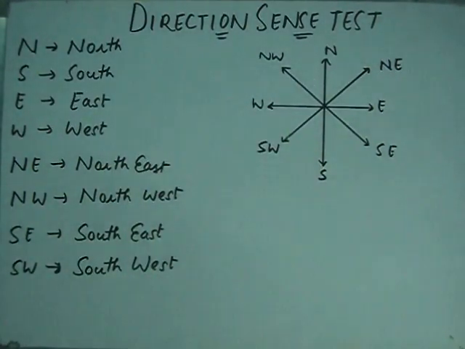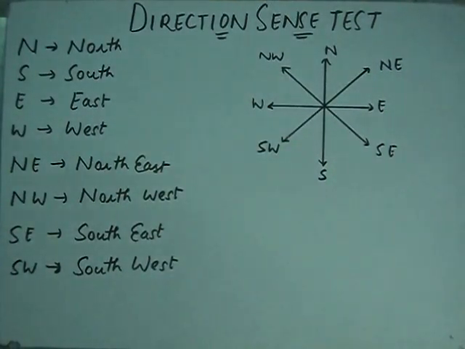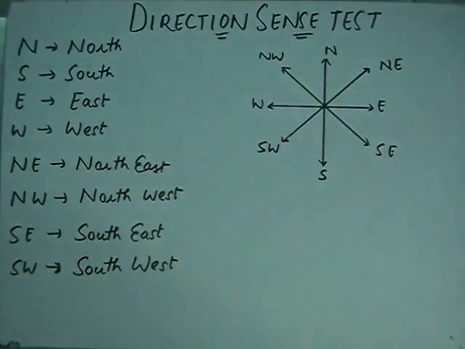If I say you are going in the right direction, that means you are facing south, and according to your right, you will move in the west direction. Always imagine yourself at that point. It's a main and basic point which will help you solve this type of numerical correctly.